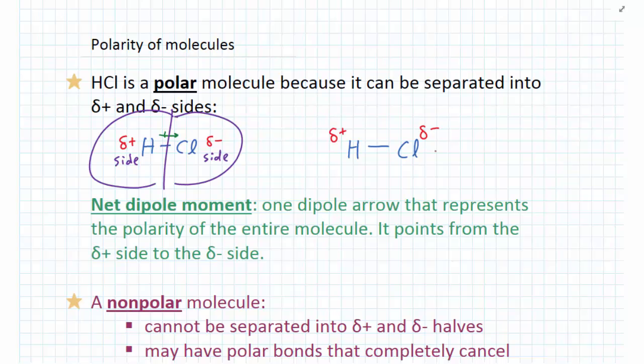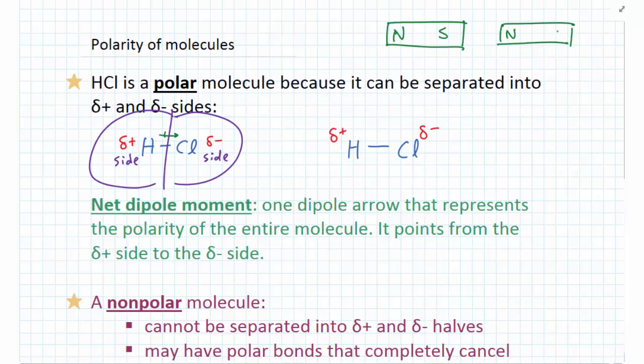If you draw a magnet, right? Bar magnets have a north pole and a south pole. It's only those opposite sides that are attracted to each other. Okay? So, polar molecules, here, let's do something like that. There's an attraction.